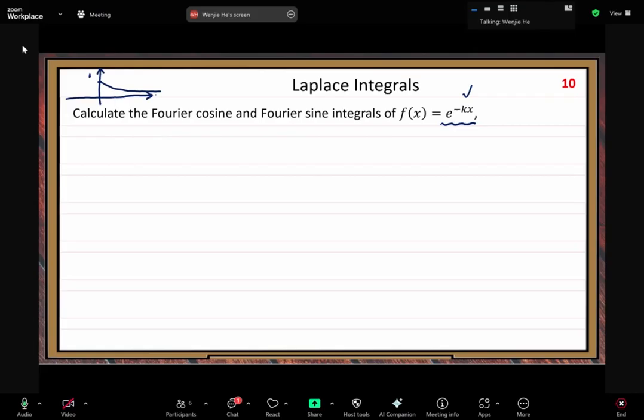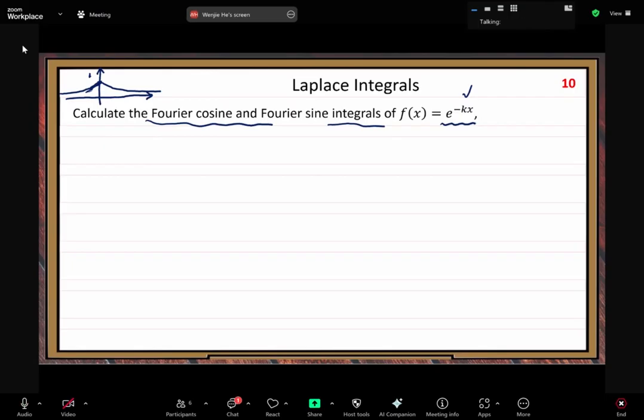If you want to calculate the Fourier cosine integral, you need to make this function an even function, so you need to do an extension. At the negative half, you flip it, a symmetric extension. You make this even function, then you can calculate the Fourier cosine integral.